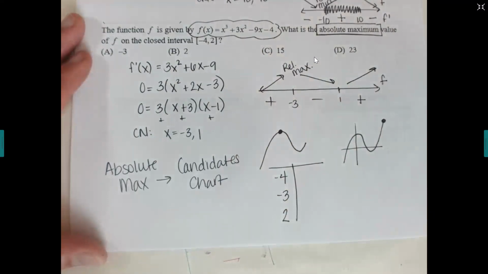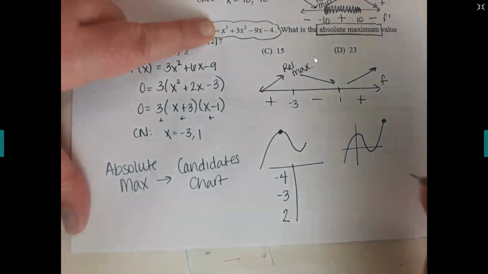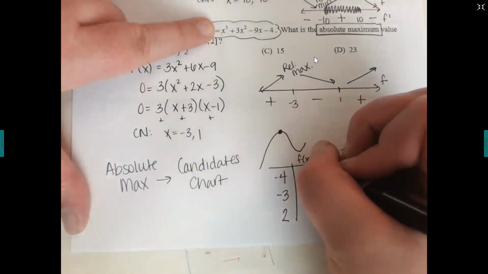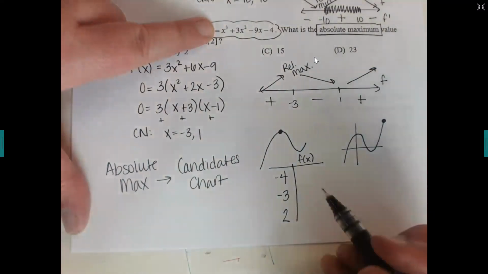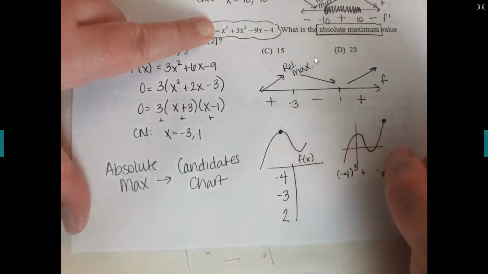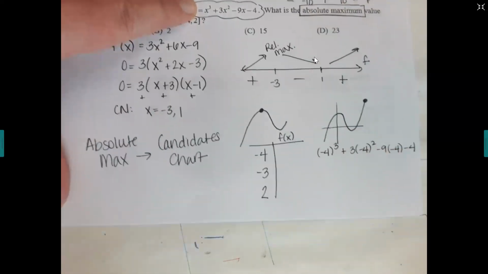Then we are plugging in. Let's start with -4. What is f of -4? One quick thing here, you're plugging into the original f of x, not the derivative. So for -4, I'm going to have -4 cubed plus 3 times -4 squared, minus 9 times -4, minus 4.